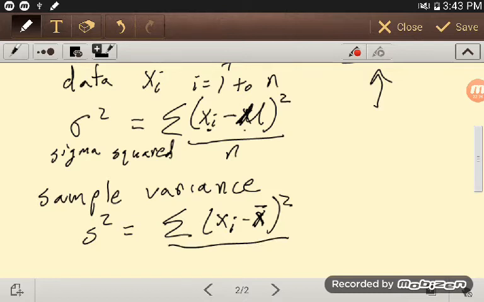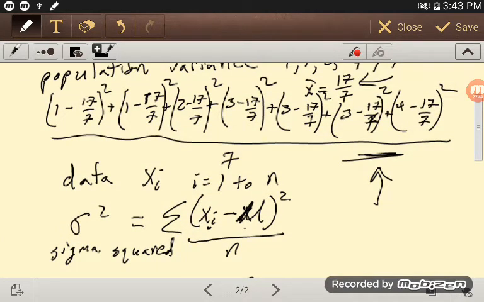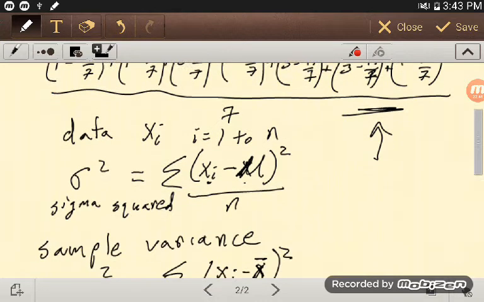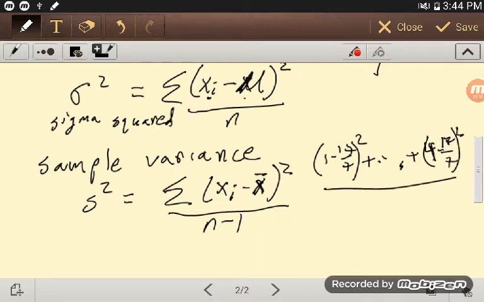Now, here's the big difference, divided by n minus 1. Up here, we divided all that by 7. Down here, we would have taken that same thing, our 1 minus 17 over 7 squared plus all that stuff plus 4 minus 17 over 7 squared, but we would have divided by 6.